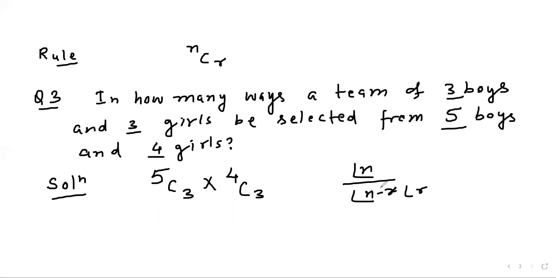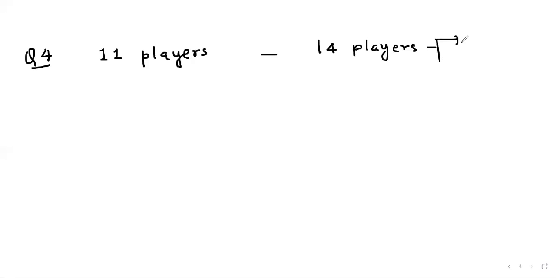Now let's see one more question on the basis of this concept. Question number 4: In how many ways can a team of 11 players be selected if there are 14 players, in which one is captain and 13 are similar?